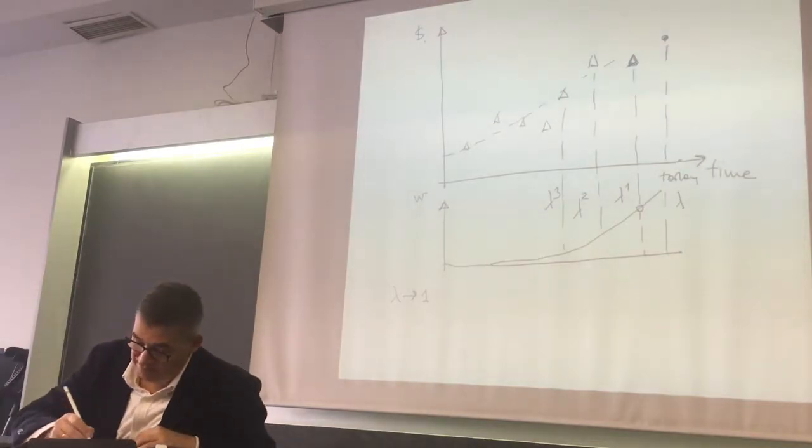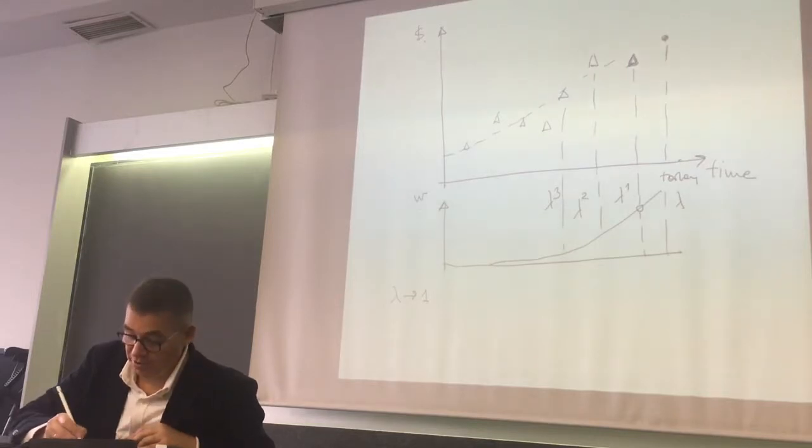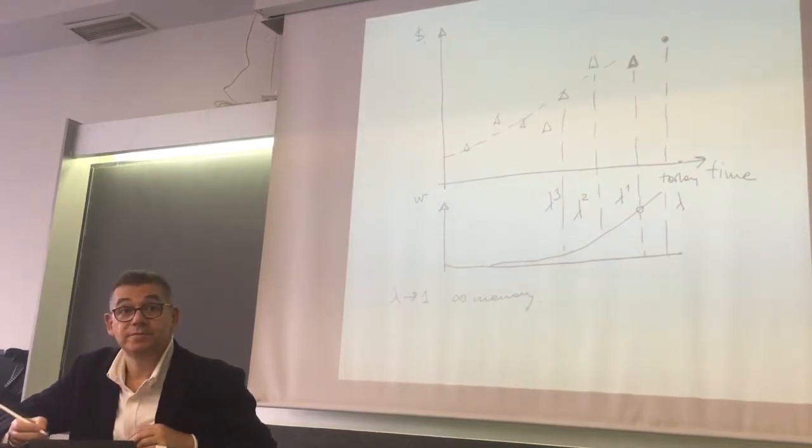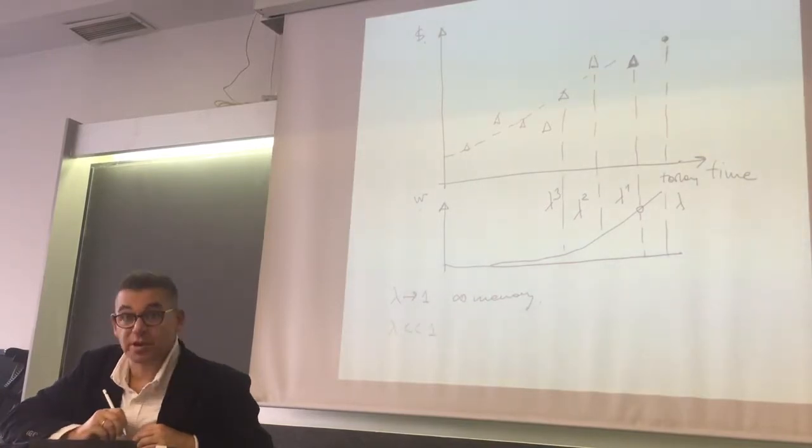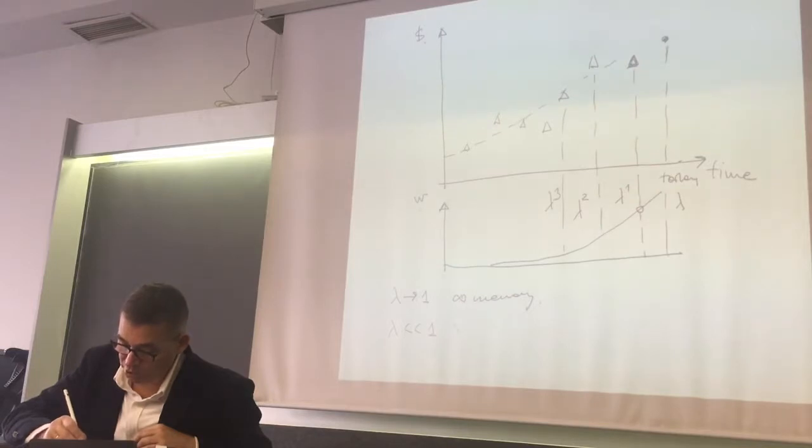So if lambda goes to 1, I get a so-called infinite memory, because I'm not weighting anything. If lambda is very much smaller than 1, then I have a short memory.